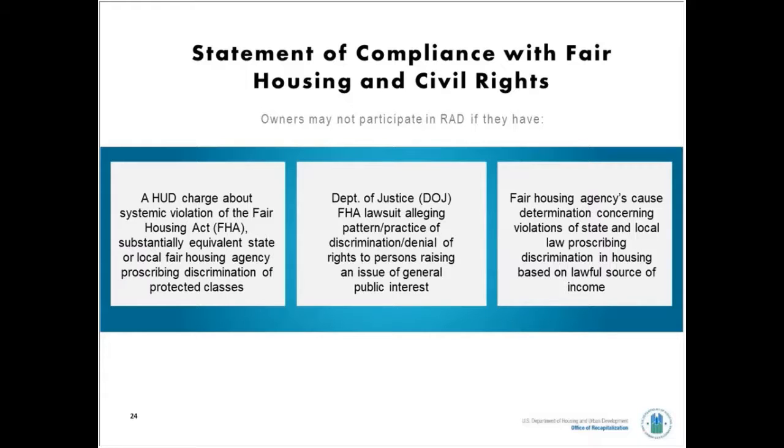And for closing, if you're doing a PBV conversion or a PBRA conversion, your approval letter will include the terms and conditions and the steps necessary to complete post-approval or prior to closing.